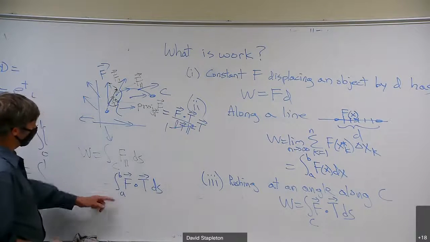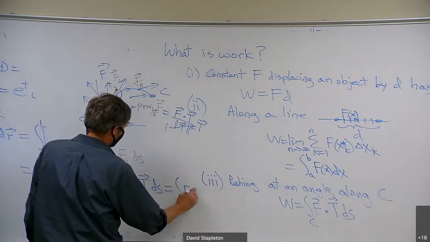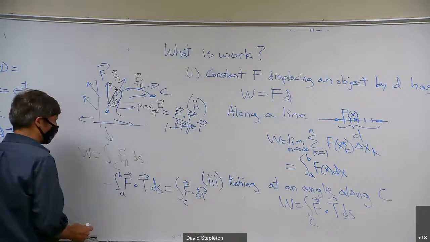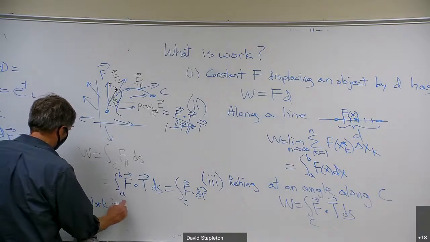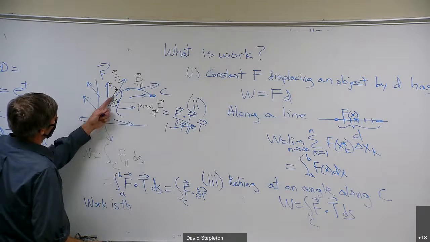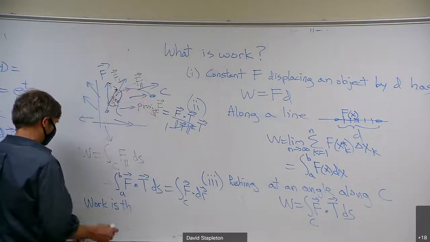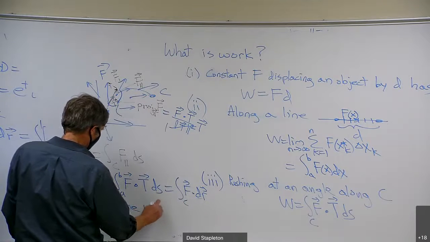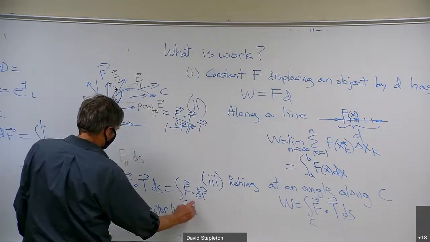Work is just the vector line integral, what's also known as the integral of F dot dr. In other words, work is integrating the vector component of force along the path. That's the most general definition.